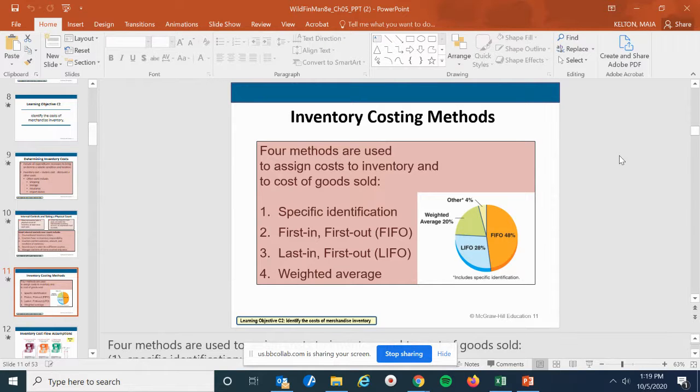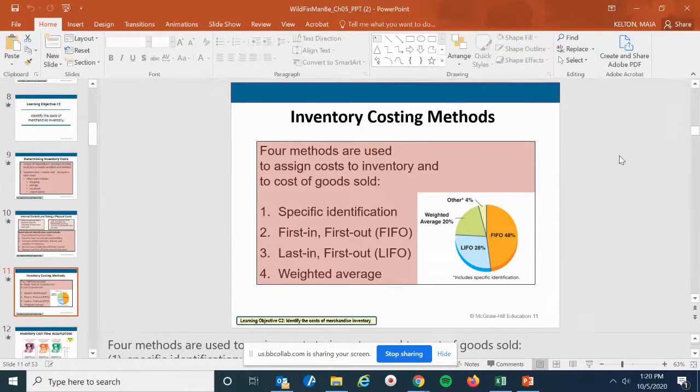So there are four methods used to assign cost to inventory and to cost of goods sold. You may be wondering, why do we need a method? Inventory costs what inventory costs. That may be true if you were a small business and as the business owner, you knew every single unit of product bought and every single unit of product sold during the accounting month.